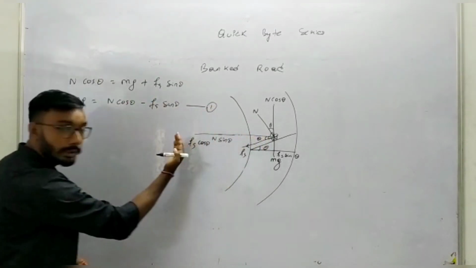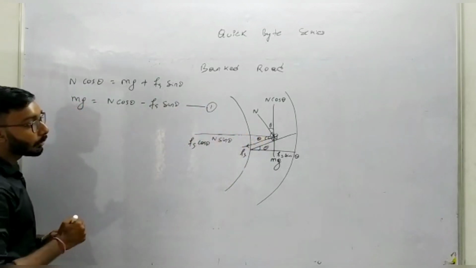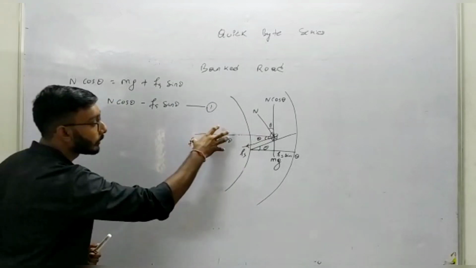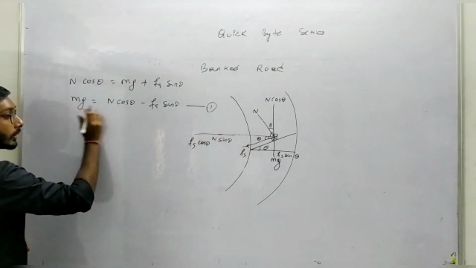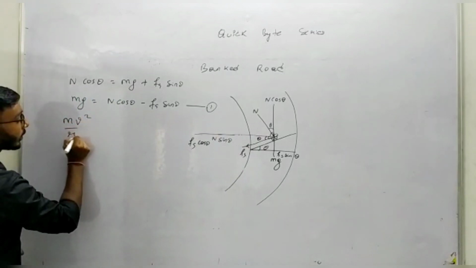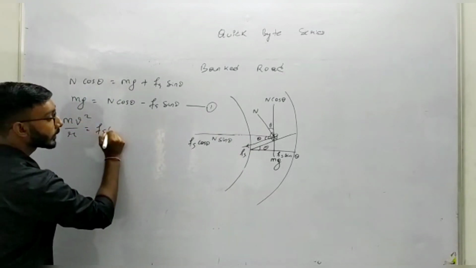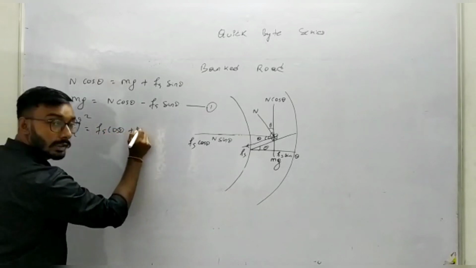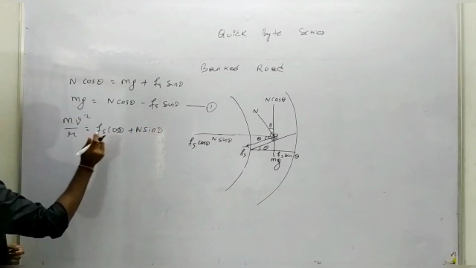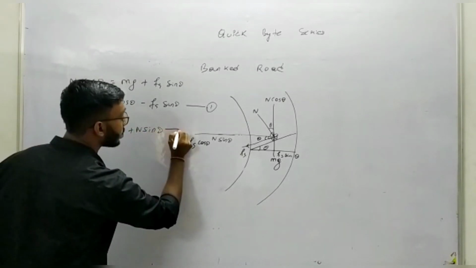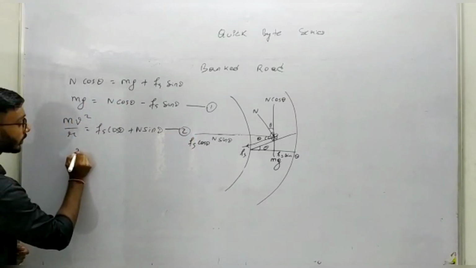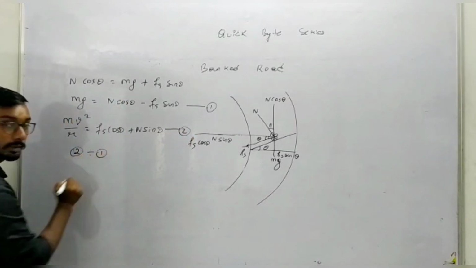Now we will go for the horizontal component. This horizontal component gives the centripetal force, so this will be equal to the centripetal force. Centripetal force, we know, is mv square by r, equal to Fs cos theta plus N sin theta. We will consider this as equation number 2. Now let us divide equation number 2 by 1.